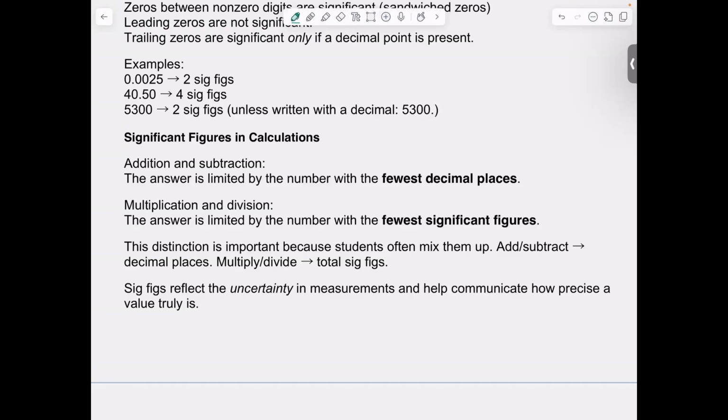So do keep that in mind. And again, significant figures are largely monitored on the chemistry lab side, but don't expect to not be tested in lecture. Definitely know how to identify the number of sig figs in a particular number given and how to do calculations. And I'll run you through a couple here.